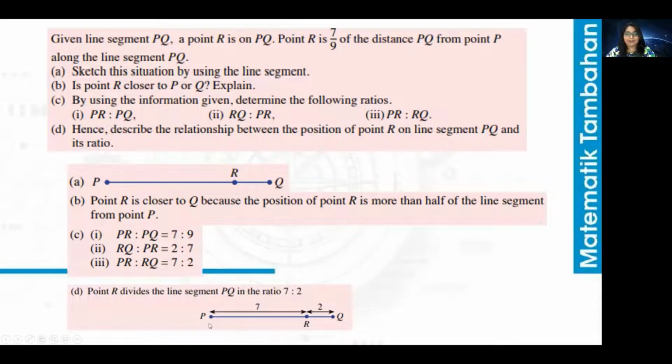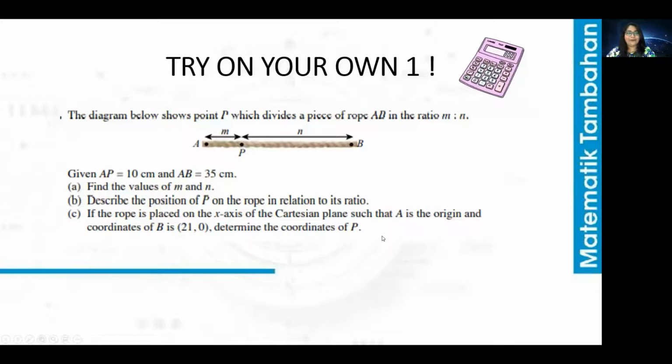We know that the distance from P to R is 7, R to Q is 2, and the line segment PQ is divided into 9 equal parts. Therefore, point R divides the line segment PQ in the ratio 7:2. Now it's time for you to try a question on your own. The solution to this question will be discussed at the end of the lesson.